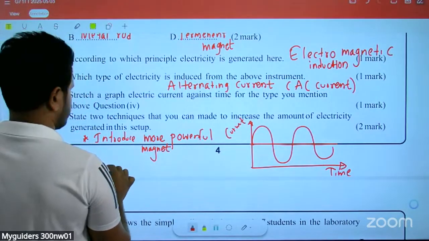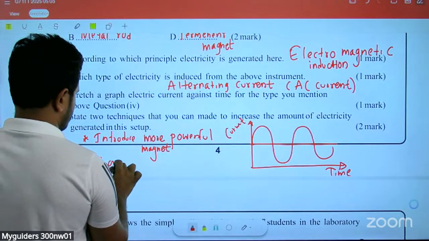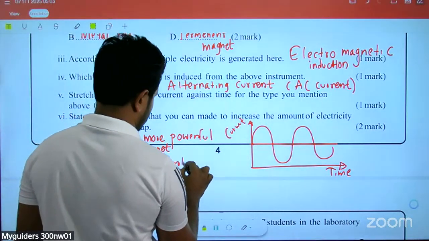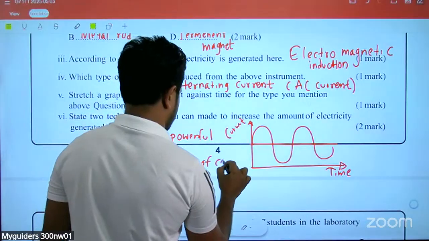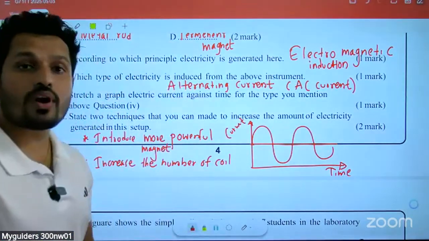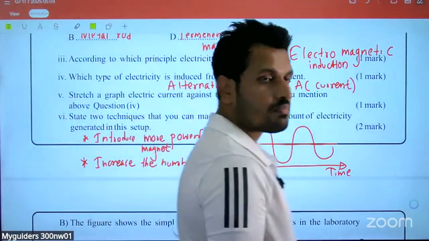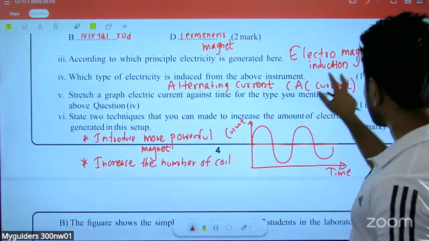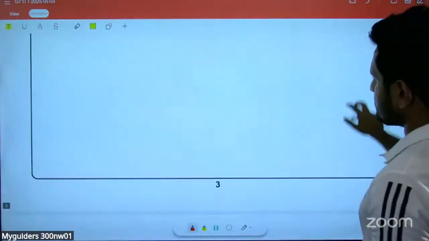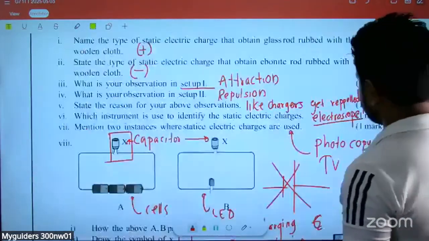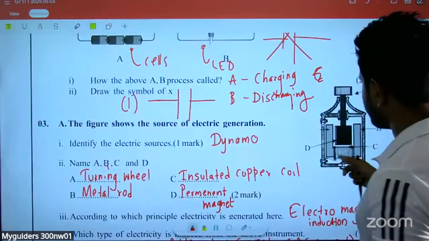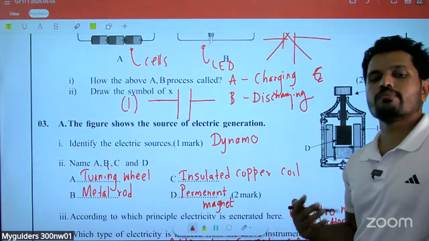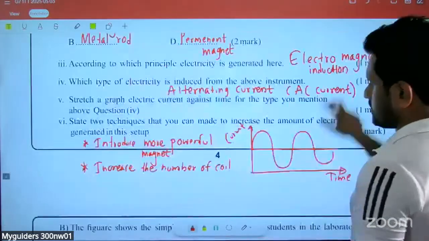Next one: increase the number of coils. We can increase the number of coils here, the coils in C. You can increase the number of coils and then we can generate more and more current.